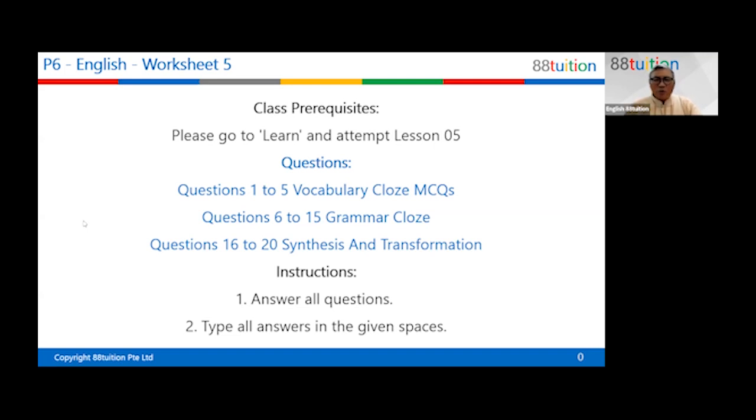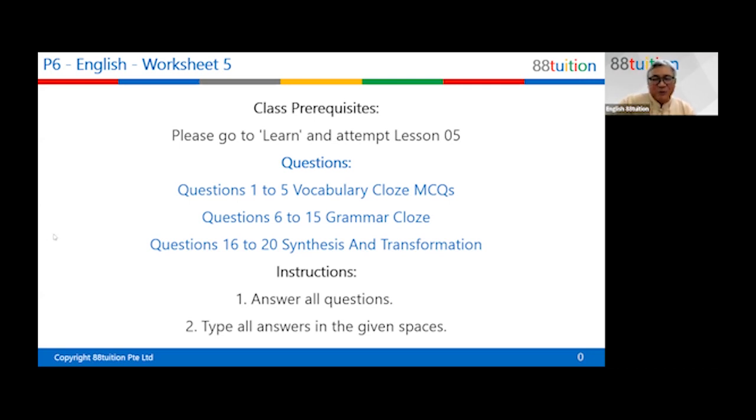So cloze, multiple choice questions, the vocabulary cloze, we have grammar cloze, and then we have synthesis and transformation. If you have not done the questions already, never mind, we'll have to do it on the spot. But it's ideal if you had gone through it before the lesson and then you can check. I'm always open for questioning, and always open for you to challenge my answers as well.